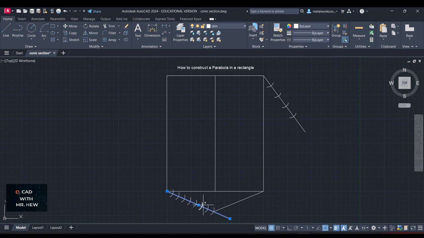So where these arcs intersect this highlighted line, we're gonna draw this line parallel from those intersecting points, right? So the next one would be where this line intersects this line, which is right here where the cursor is, right? Good. All right, we have divided the base into 8 equal parts.